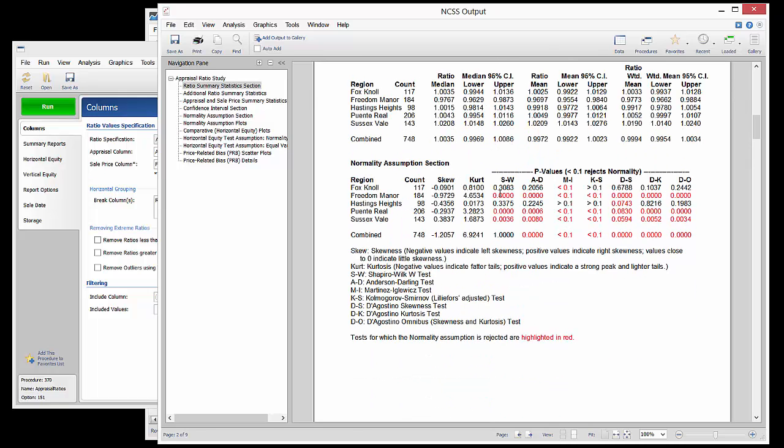The Normality Assumption section helps determine which summary statistics best represent the distribution of the ratios. The red p-values indicate non-normality. For non-normal distributions, the median is a better ratio summary statistic than the mean.